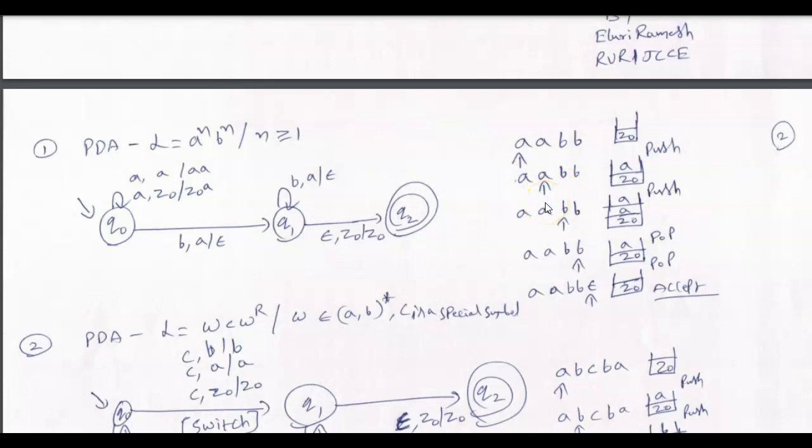Actually, what we have to do is while doing PDA, we have to decide the logic. That means we have a stack over there, and what logic that we have to adopt.